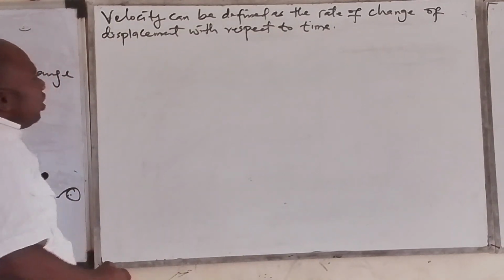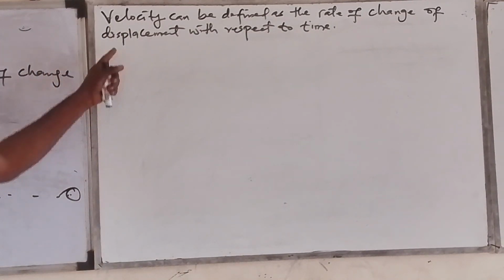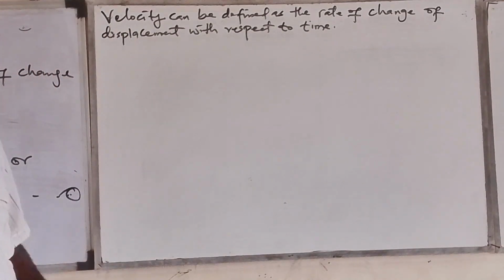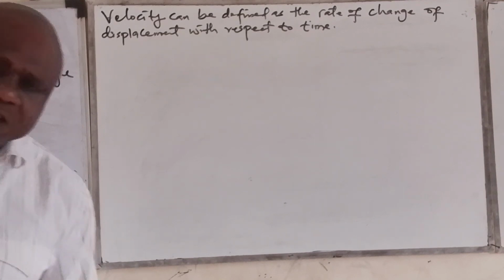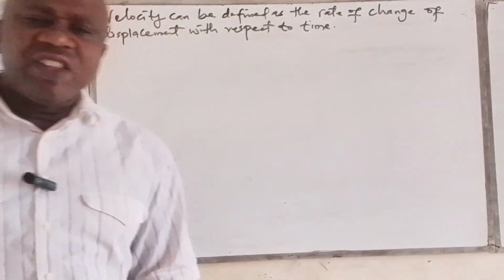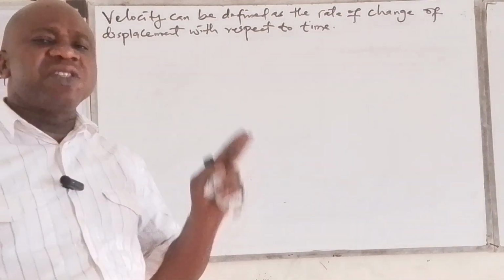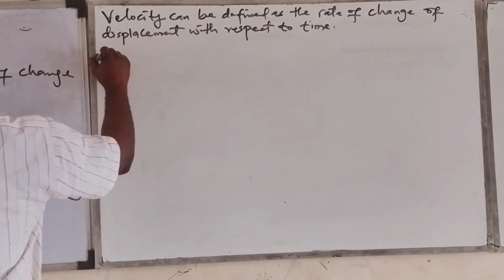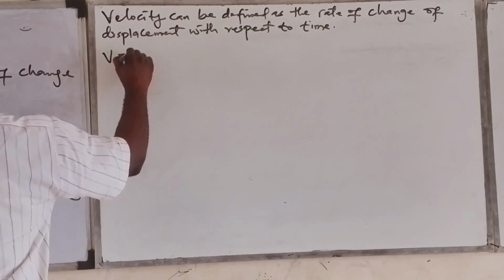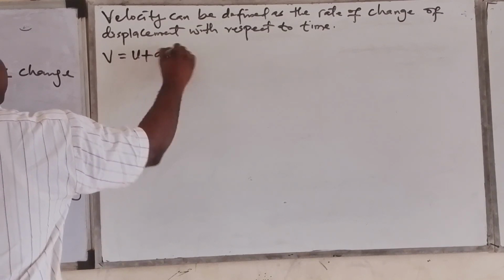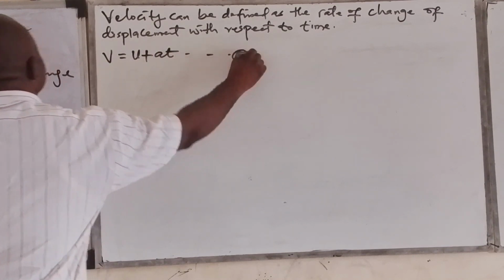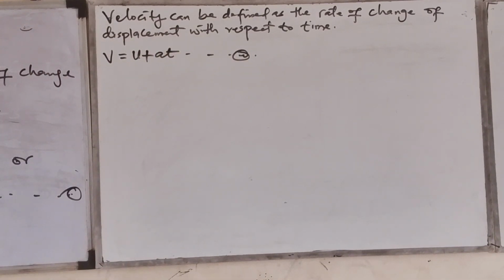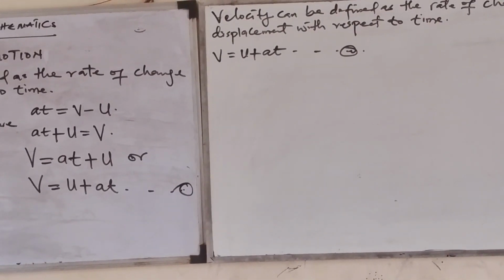So it means velocity is actually a vector quantity, because it's the rate of change of displacement, and we all know that displacement is distance moved in a specified direction. Now we said the value of v is u plus at, and we said this is equation 1.